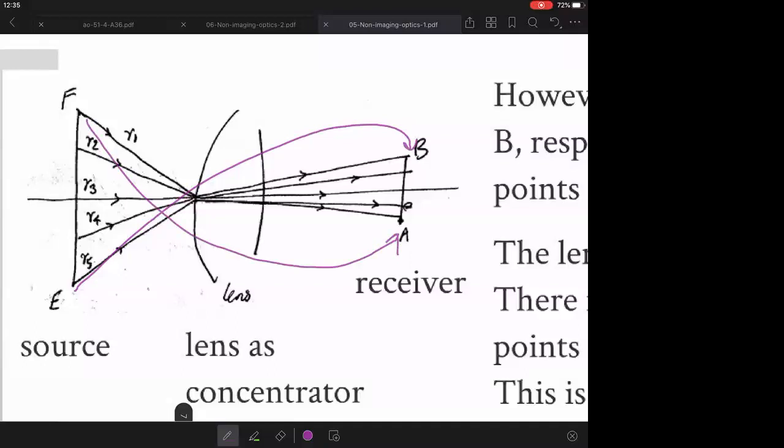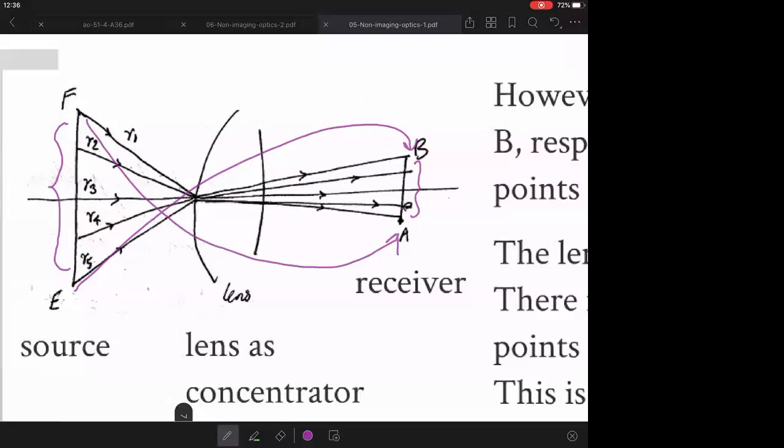That's a one-to-one map. But all these points in between are not focused to any particular point, except that by the principles of refraction, we can prove all the rays of light that come from those points in between E and F have to end up between A and B. That's not a one-to-one map, but a one-to-many map.